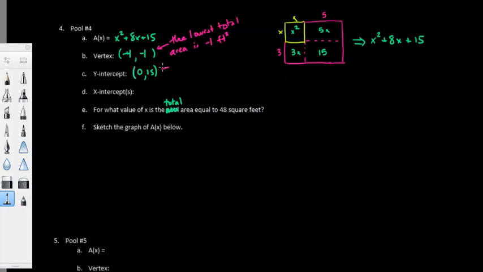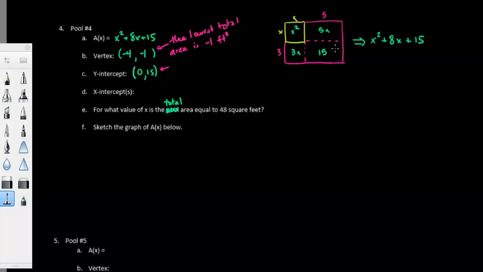Let's just make a note what this is telling us. It's telling us that when x is 0, so when the dimension of the pool is 0 feet, the total area of the pool and deck combined is still going to be 15 square feet. That's because even if we didn't have a pool here, this rectangle wouldn't exist, because there would be no feet along here and along here.